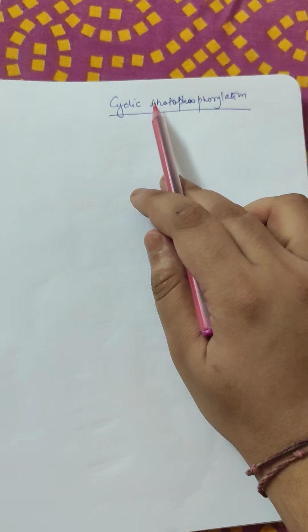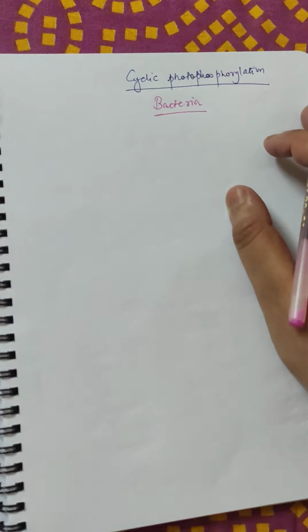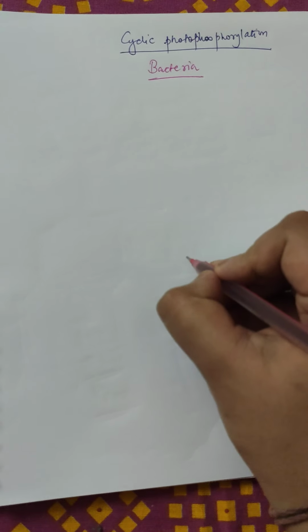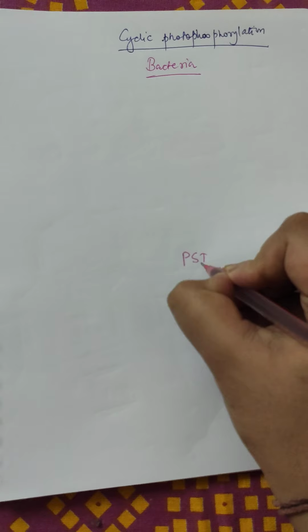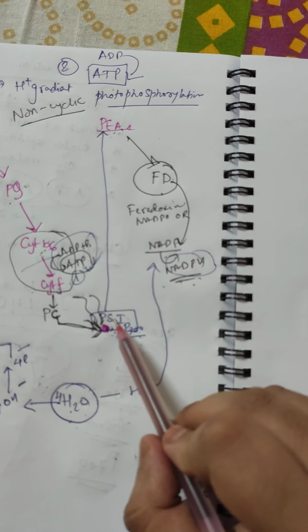However, in cyclic photophosphorylation, for example the phosphorylation which occurs in photosynthetic bacteria capable of production of ATP via cyclic photophosphorylation, there is only one photosystem, and that is photosystem 1 that is involved, which is this one.